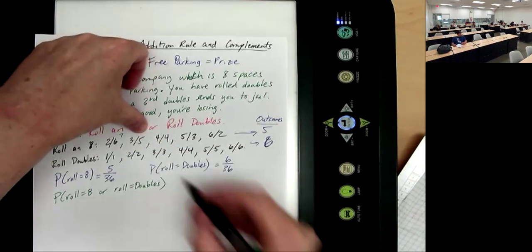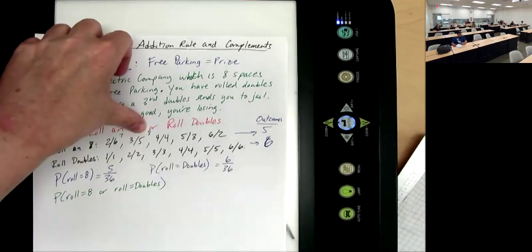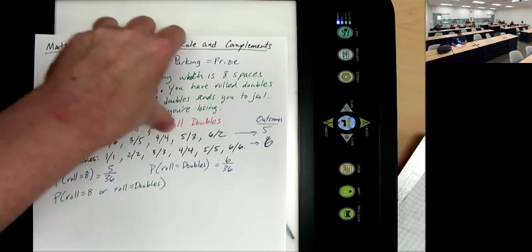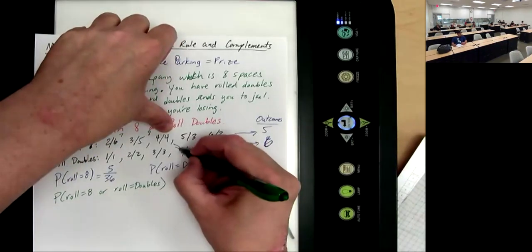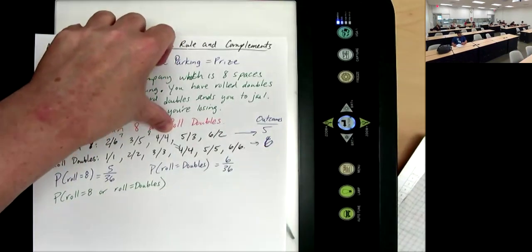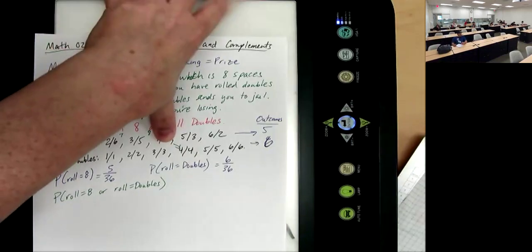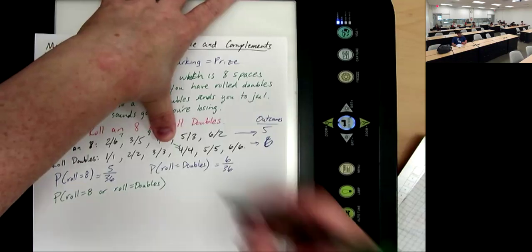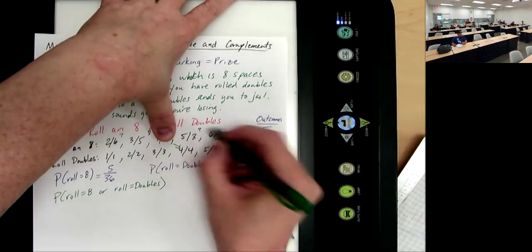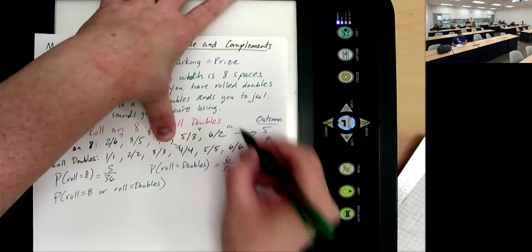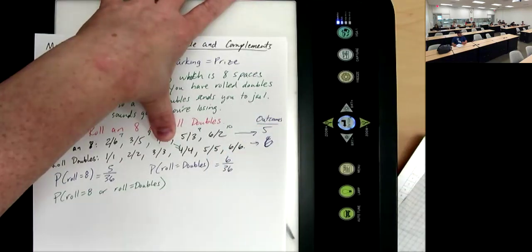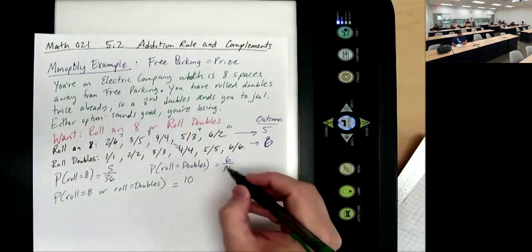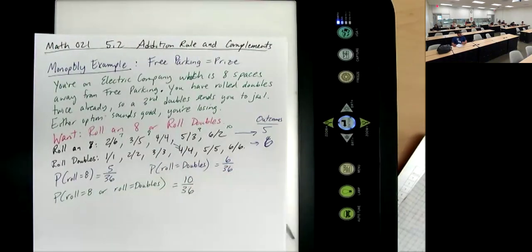The 3 and the 5 would make an 8th option. The 4 and the 4, I already counted that, so that's not a new option. So I'll put my finger over the 4 and 4 for a second. The 5 and 3 would make a 9th option, and the 6 and 2 would be a 10th option. So there's 10 outcomes over 36.